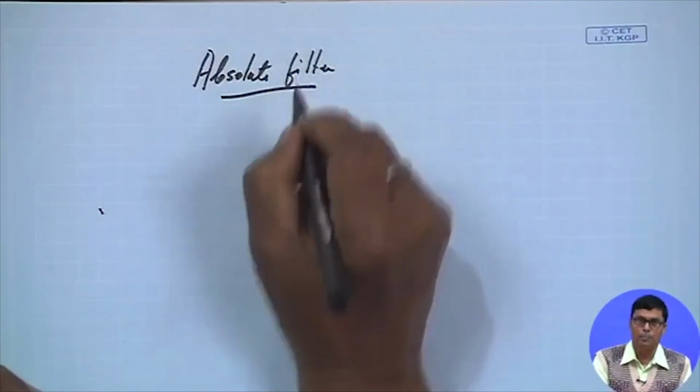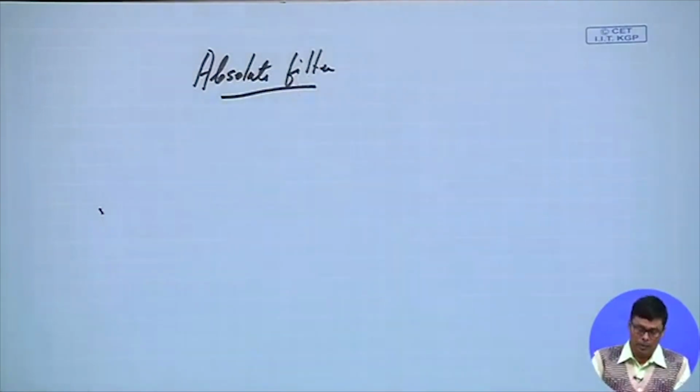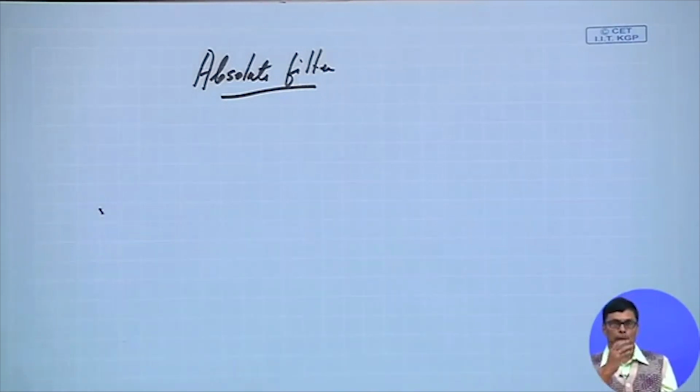Absolute filter means, suppose we use a membrane with a definite pore size, 0.5 microns. Whatever particle is more than 0.5 micron is retained in the filter, so all the particles will be removed. That is the absolute filter that we have.